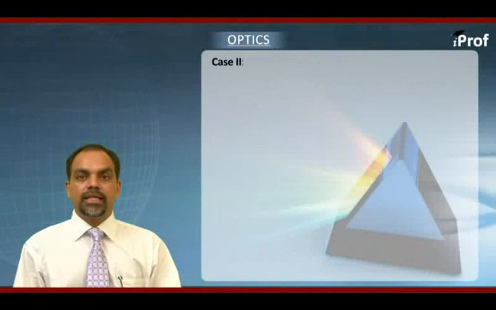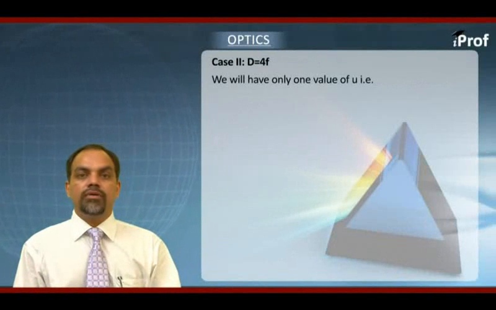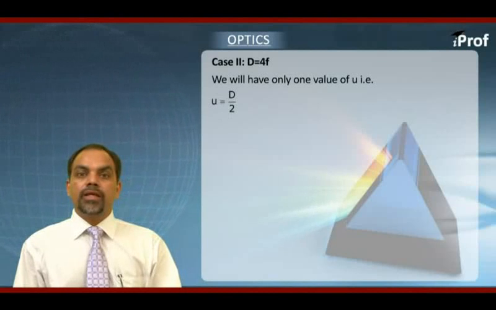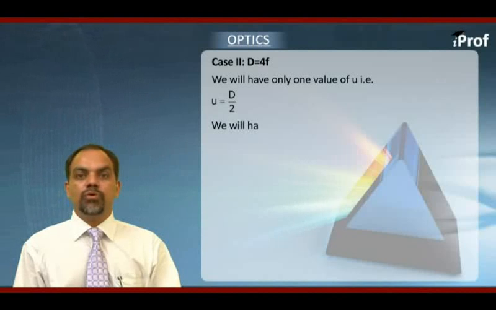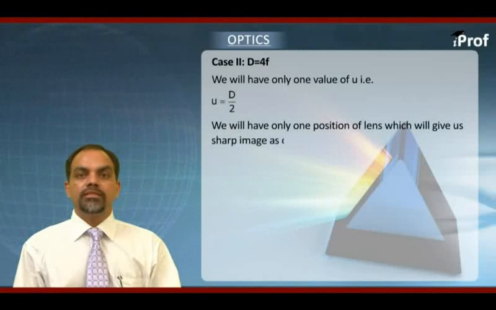Now we move to the second case when we take D is equal to 4f. Now when D is equal to 4f, we will have only one value of u, and that is precisely u is equal to D by 2, that is the middle position. Now this means for this case when capital D is equal to 4f, we will have only one position of lens which will give us sharp image on the screen.